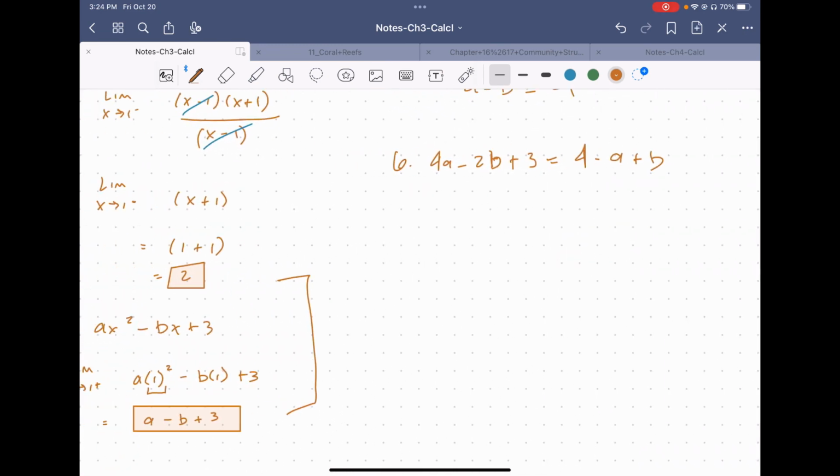And again, we're just combining like terms. So I'm going to add a plus a, 5a minus 2b plus 3 equals 4 plus b. I'm going to subtract b.